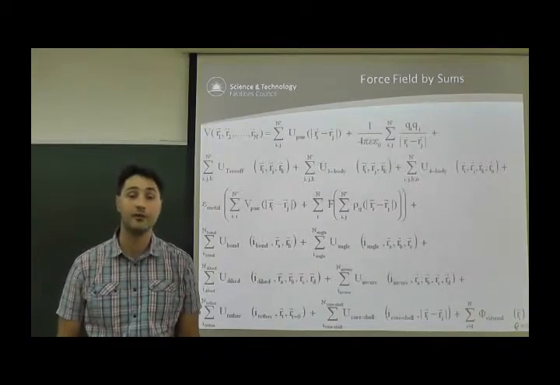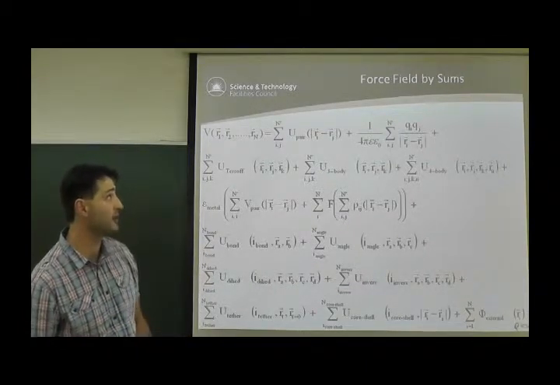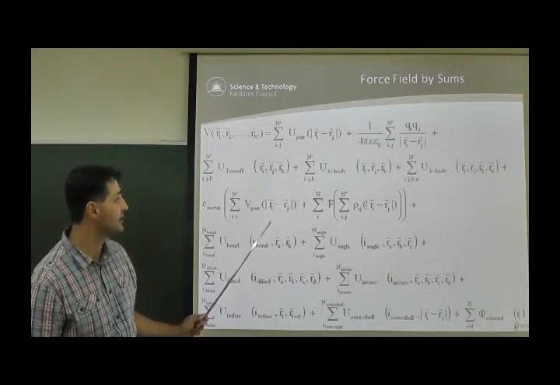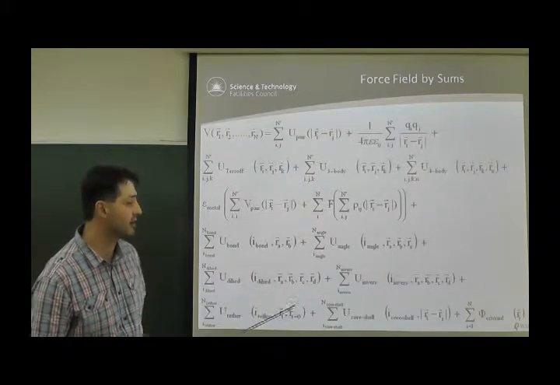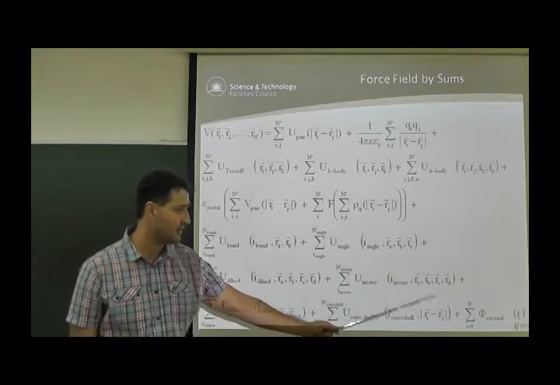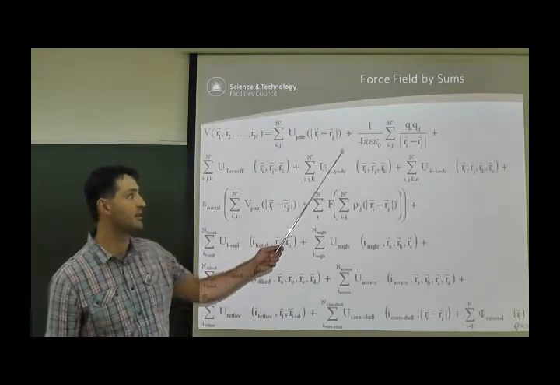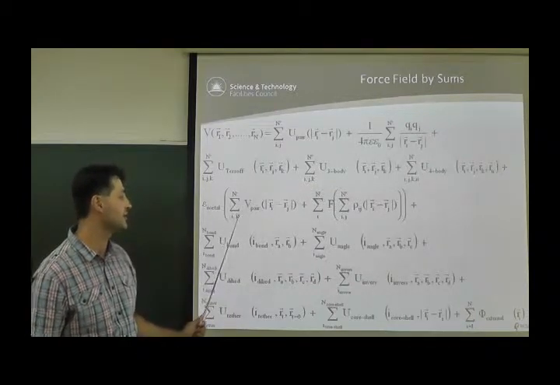The full force field of DL_POLY can be presented as this formula. We have three different kinds of interactions. We have the intermolecular, the intramolecular, and the external force field. So the intermolecular: pair, Coulombic, Tersoff, 3-body, 4-body, metal interactions.